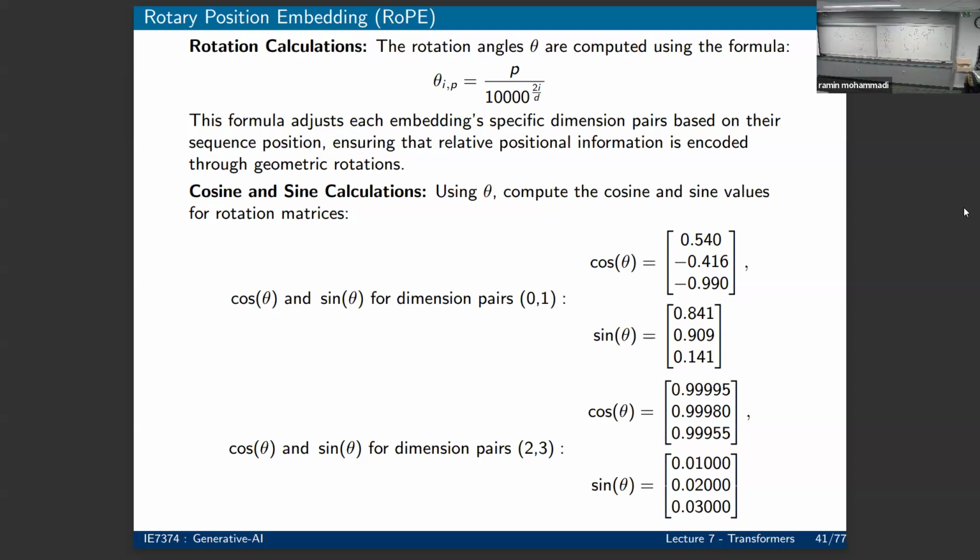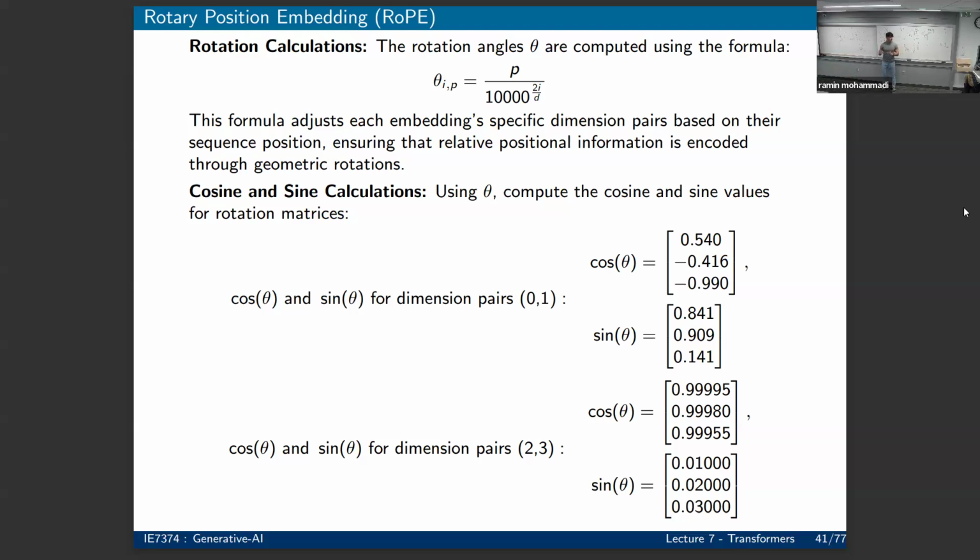And how do you calculate that? You just need to use the equation that you have up there to find the thetas. I is the location, P is the position in the sentence, right? So the sentence starts with "the dog slept." "The" is position 0, the first position.